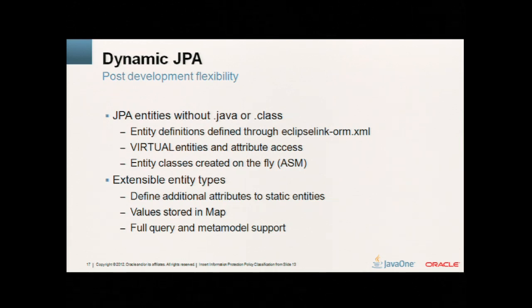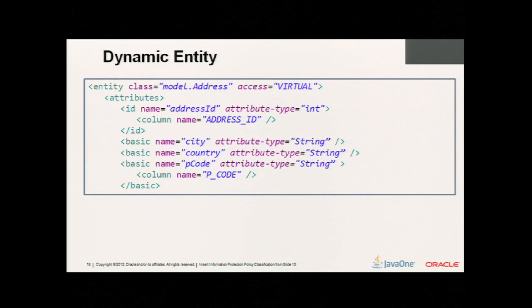But on the dynamic side, here's a simple mapping for an address class. It looks like a standard ORM XML file. I have an address. The only difference is in standard JPA I define my access to be property or field for how the reflection engine talks to my class. Well, there is no class. So we added a new access type called virtual.